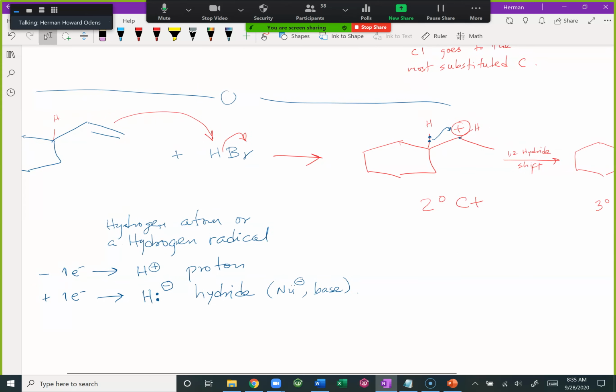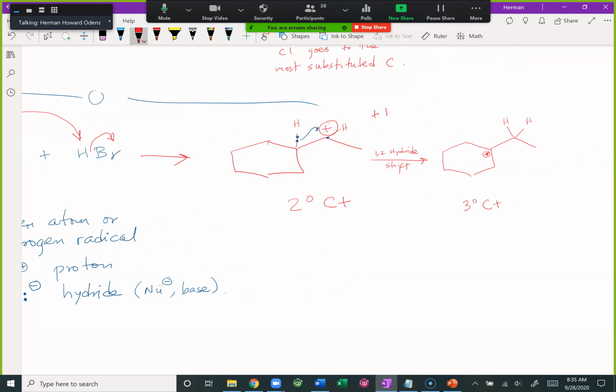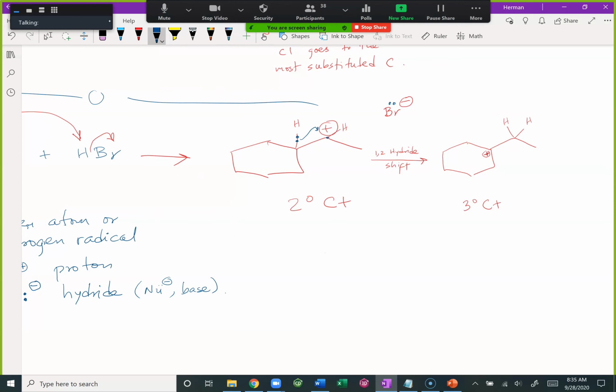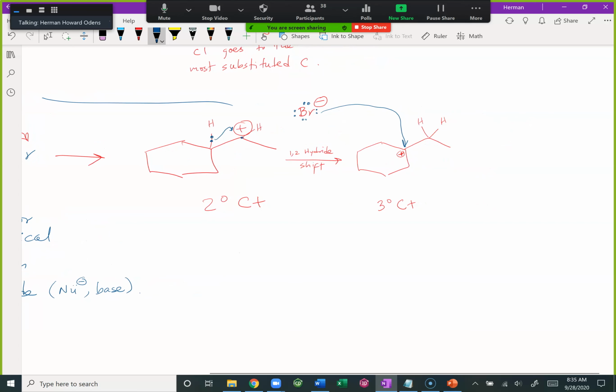And so the bromine that's hanging around here is waiting for its turn to attack. So this bromine, it's electron rich. And so it can go, and it prefers the tertiary because it's more stable. And also a byproduct will be this one. This will be a byproduct of the reaction.